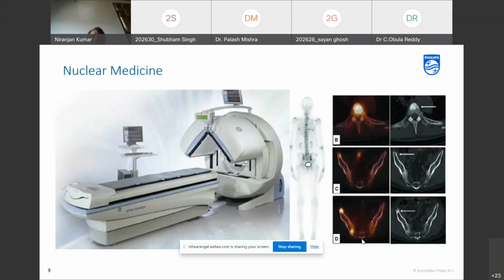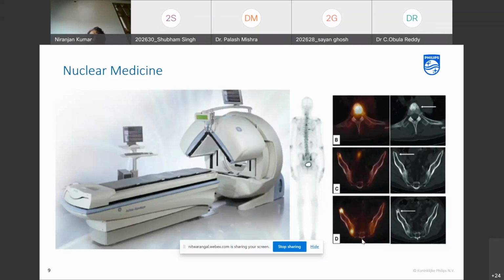Here we inject a highly radioactive material in your body. Through the blood it reaches the brain, or any part of the body, and interacts with the cancerous cell, and it starts illuminating, and that is captured by the gamma characteristic.